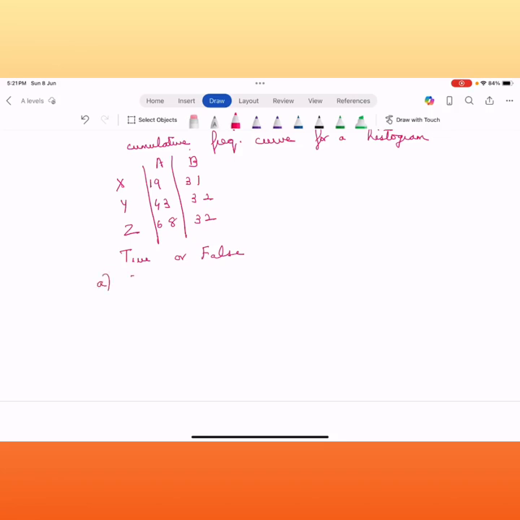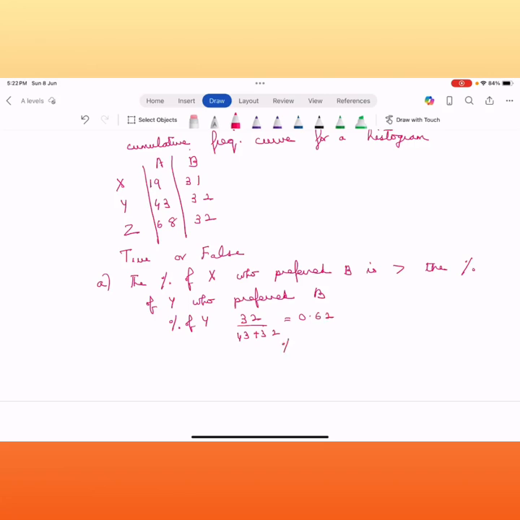So we have a number of true or false statements. The first states that the percentage of X who preferred B is greater than the percentage of Y who preferred B. So let's look at the percentage of Y who preferred B. That would be 32 by 43 plus 32, and that would give you 0.62.